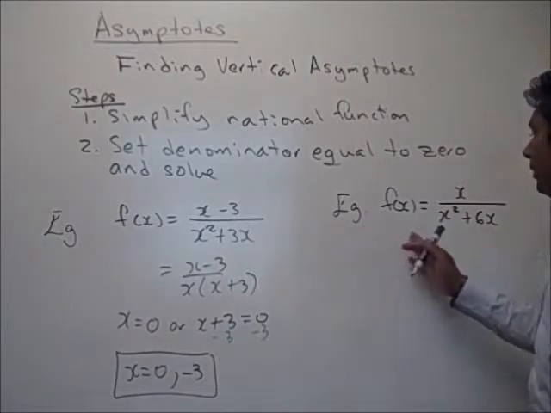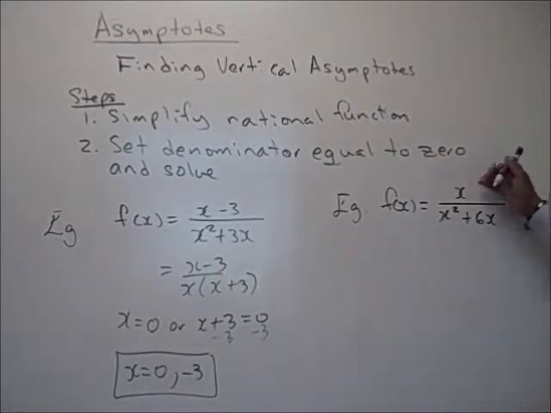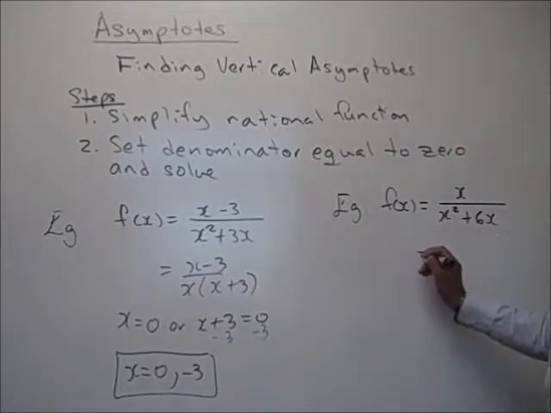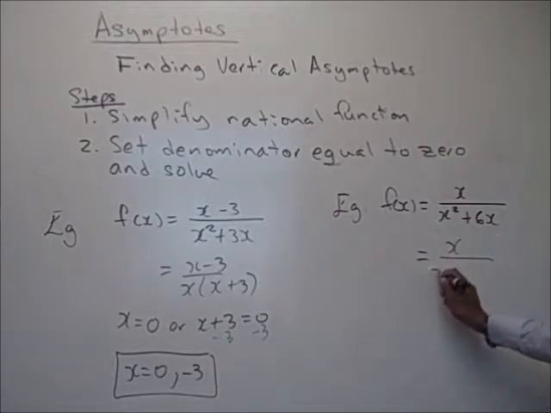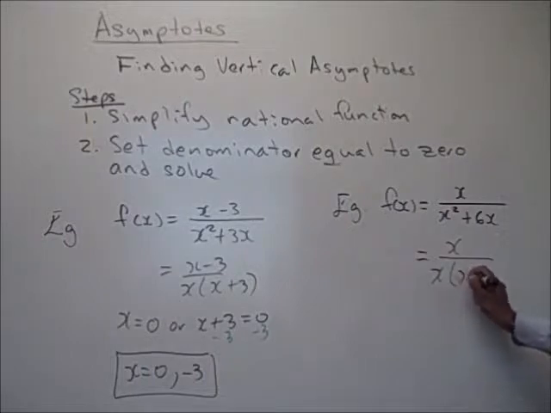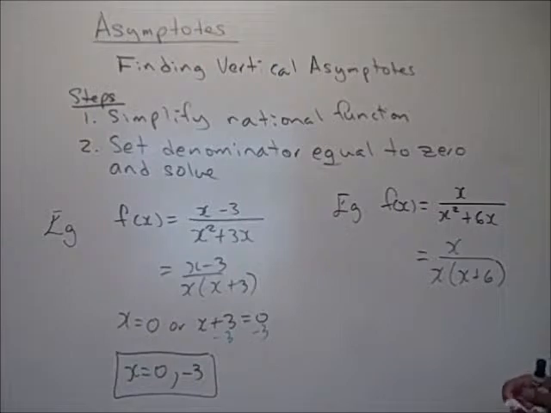Now in this example here, we have f of x is equal to x over x squared plus 6x. Now if we try again to simplify this rational function by first factoring it, so we can factor x from the denominator, leaving us with x plus 6, we see that we can simplify this rational function.